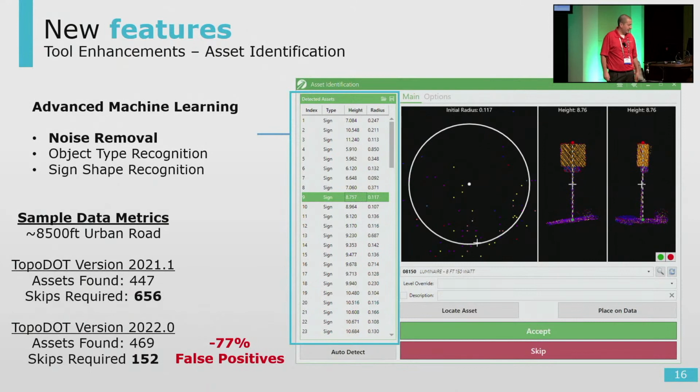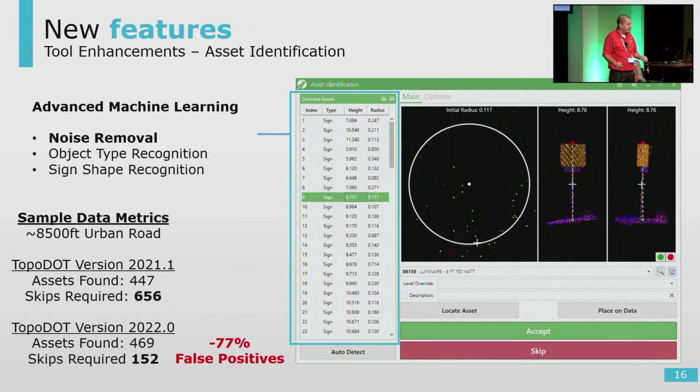So, as an example, we have a data set. It's a little bit over a mile of urban roadway. With the prior version of TopoDOT, we're looking at about 407 assets that it found, but that required 656 clicks of that red skip button. As you can tell, that's a lot of clicking just for passing through noise.